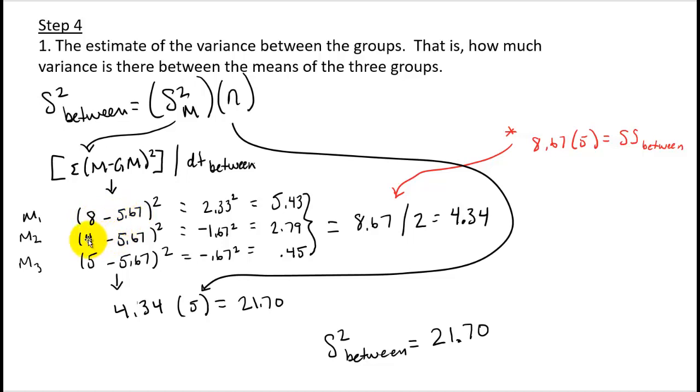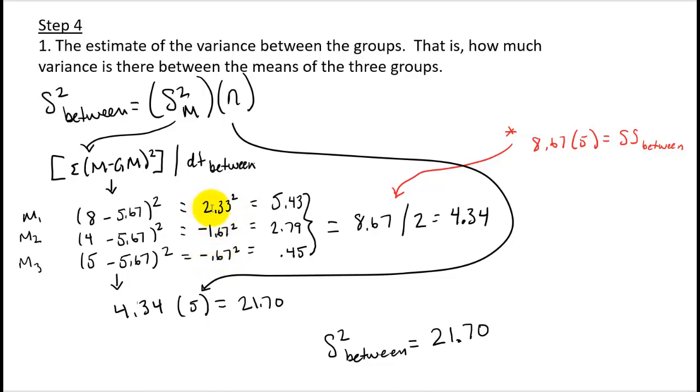So we take the first score, subtract the mean of those scores. Take the second score, so this is the mean of group number 2 minus the mean of all the groups. And then this is the mean of group 3 minus the mean of all the groups. So when we subtract that, the first group, we get 2.33. We get negative 1.67 for the second group and negative 0.67 for the third group.